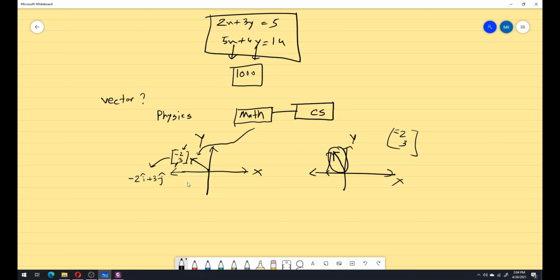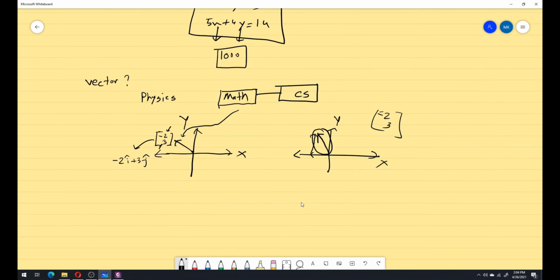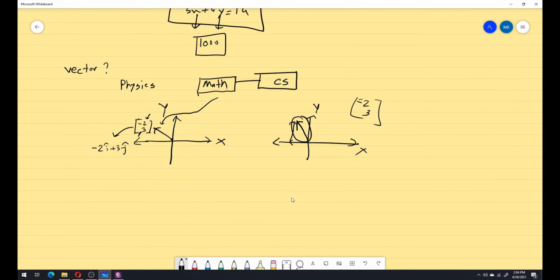For 3D, you add another axis, called the z axis: x, y, and z. For any particular vector there would be 3 coordinates.